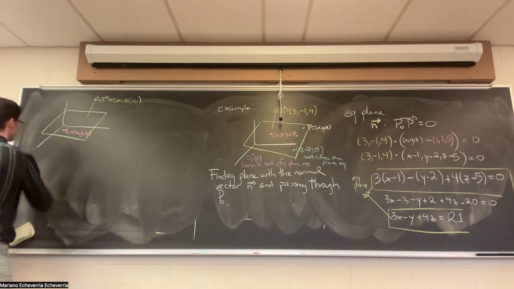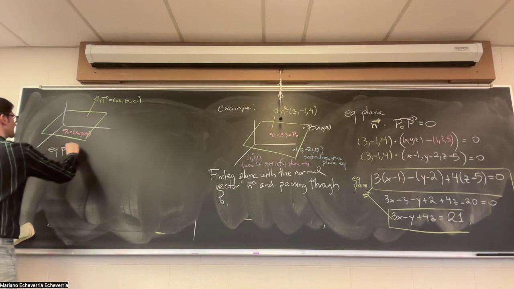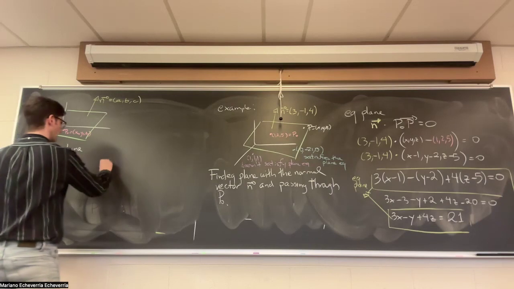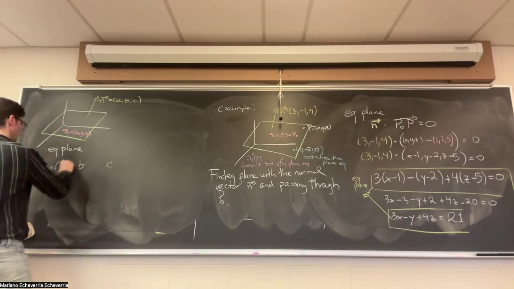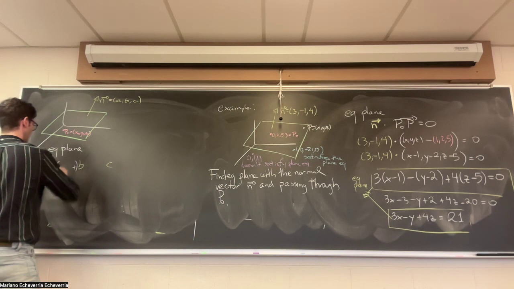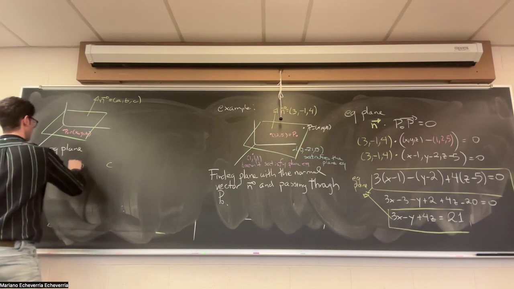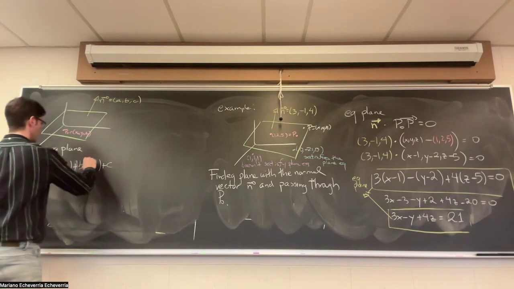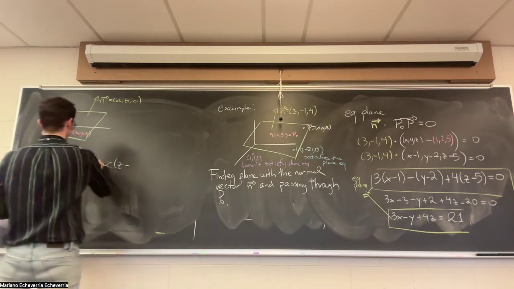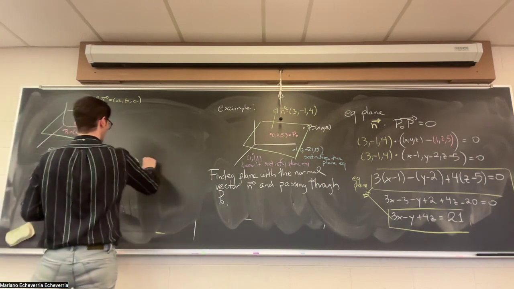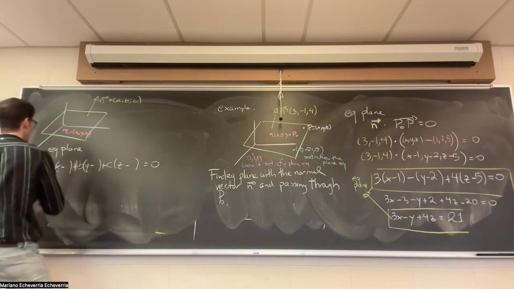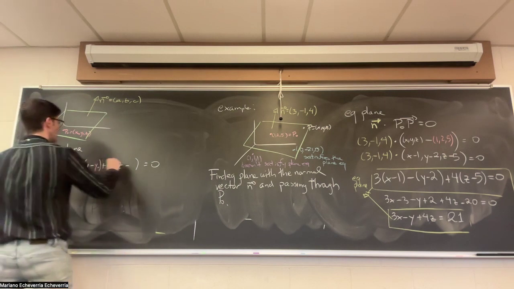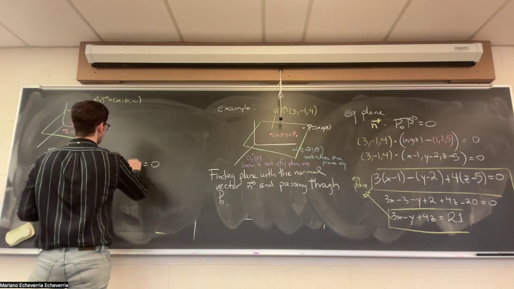Another way to write it is a times x minus x naught plus b times y minus y naught plus c times z minus z naught equals 0.